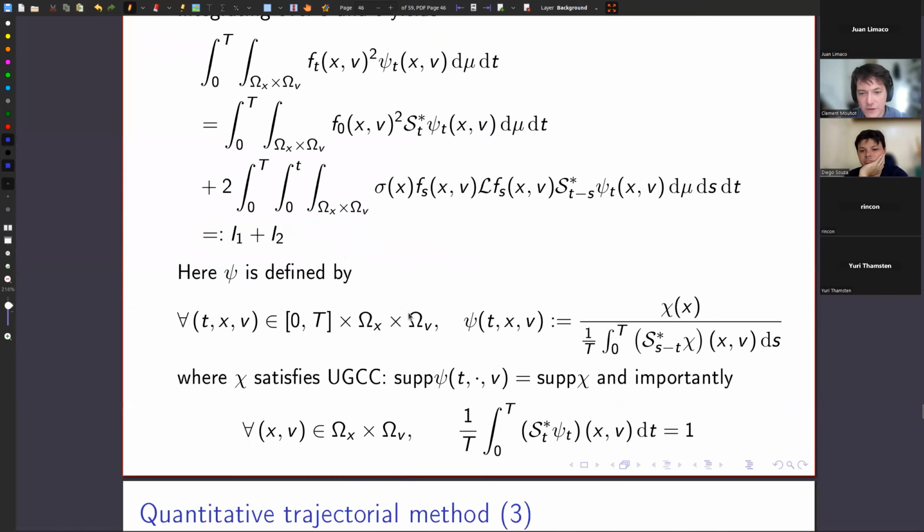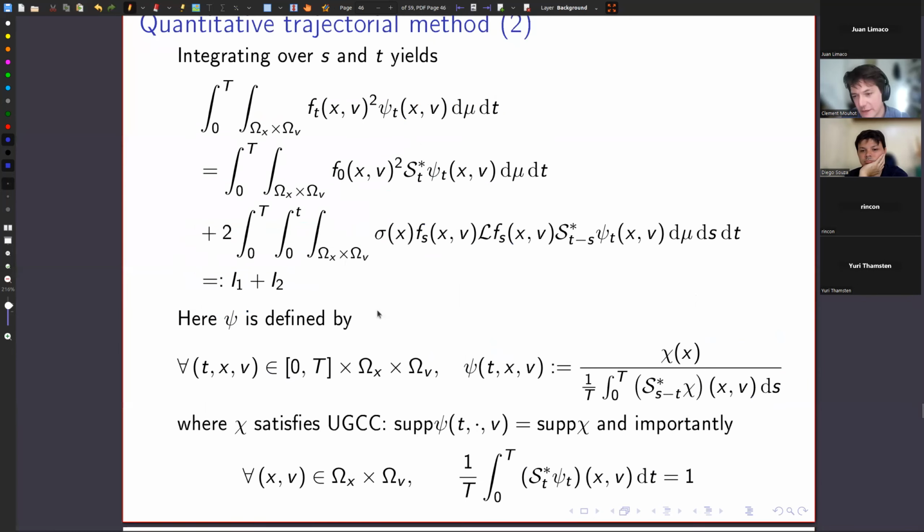And my test function is built cleverly as follows. If I have a function chi that satisfies my uniform control condition, that means that my chi will be satisfying this along the characteristics.